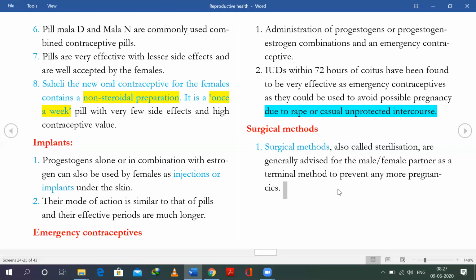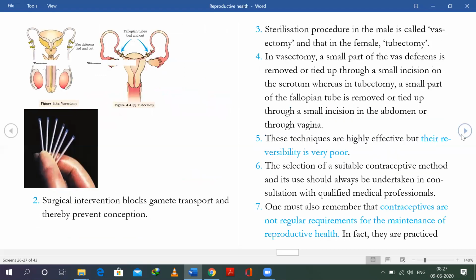But one thing that is irreversible, or rather has a very poor rate of reversibility, is the surgical methods, which is also called sterilization. It is for the males and the females as well. The surgical methods that we have are tubectomy and vasectomy.